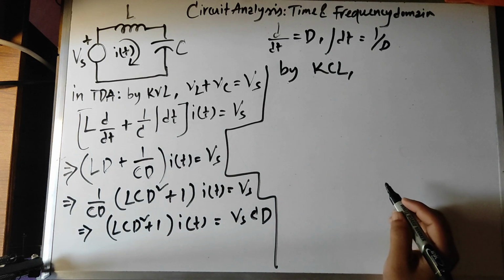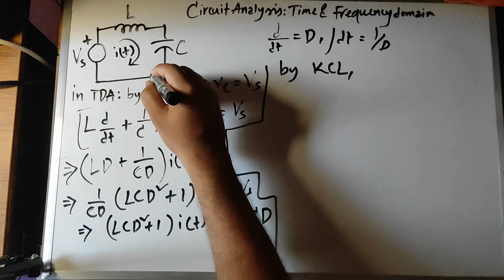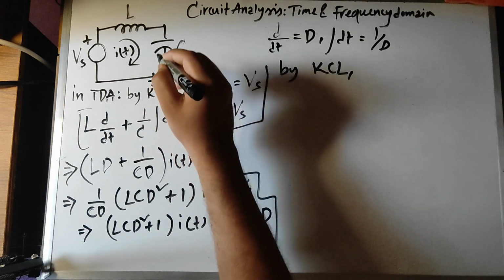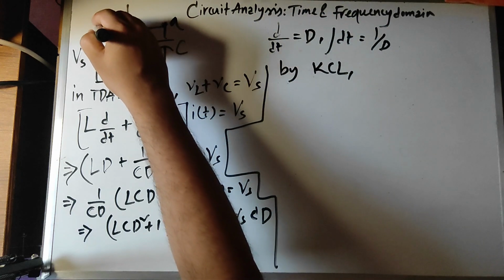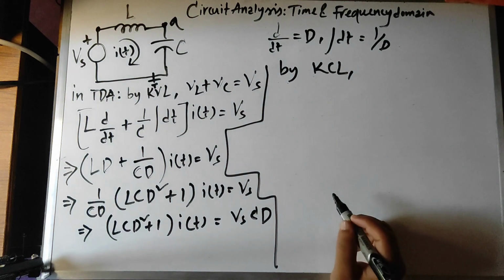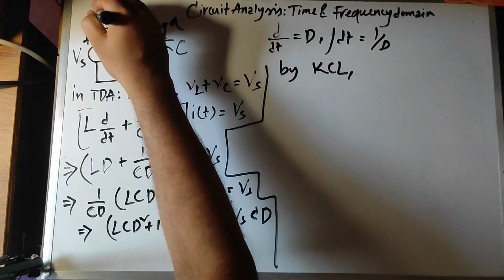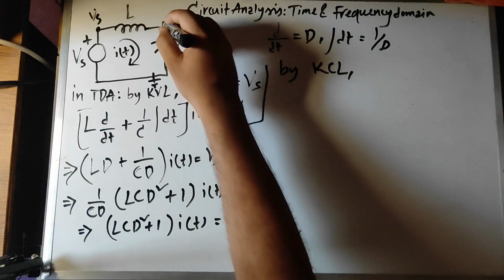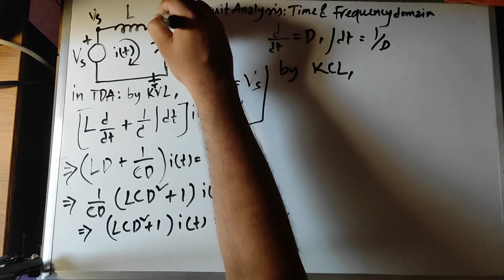So by KCL, let us assume that this is the ground, this is a node A, and this is also a node. At this node the node voltage is Vs, and at node A the voltage is Vt.